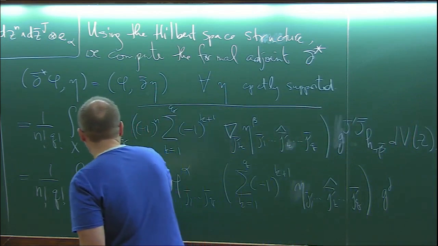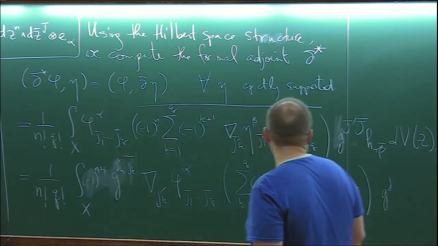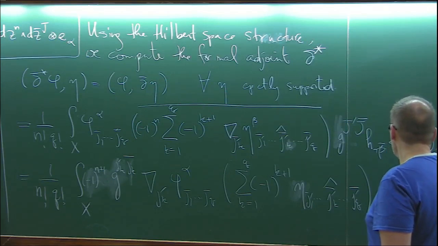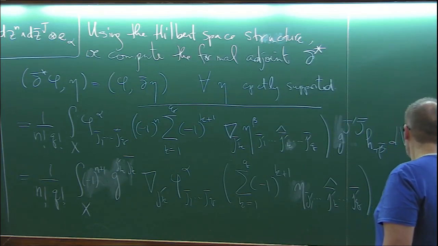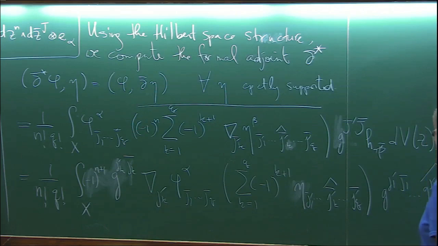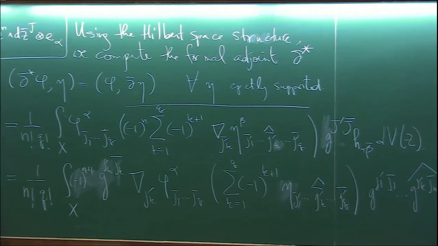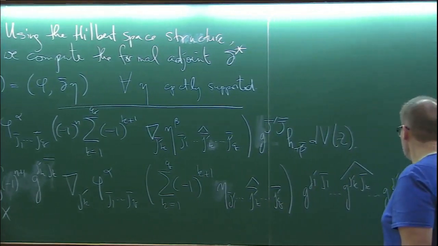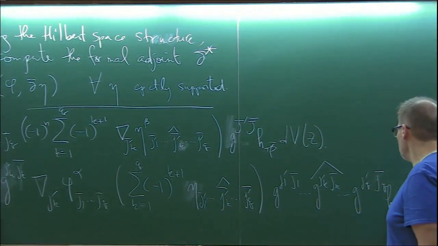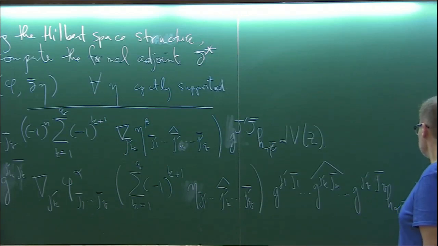Sorry. jk prime j bar. j1 prime j1 bar, and jk prime jk bar omitted, jq prime jq bar, and then h alpha beta bar dv of z. Right.